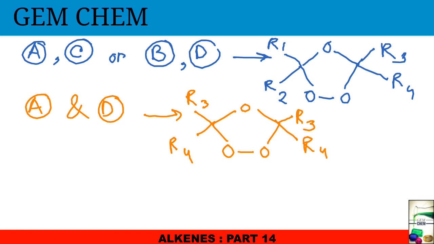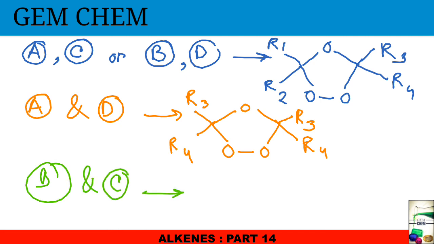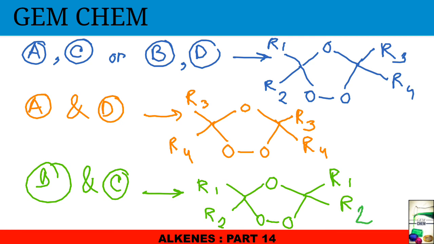And if suppose similarly B and C combines, we will get here R1, R2, oxygen, oxygen, oxygen, R1, R2.